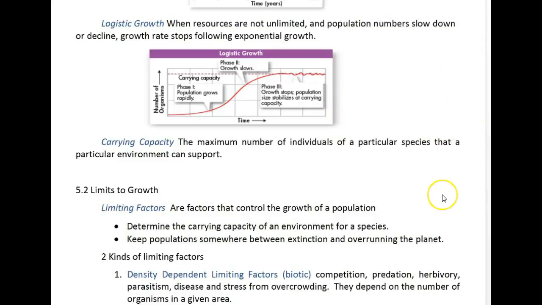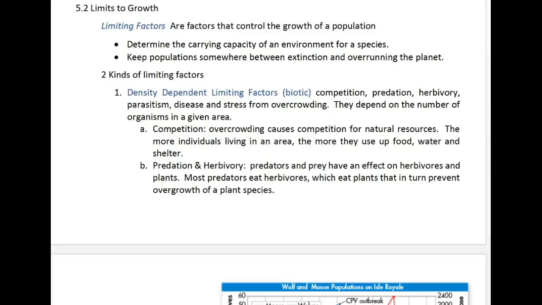So let's take a look at the things that actually limit or can impact the growth of a population. Okay, so this brings us to section 5.2, limits to growth. You might remember we've been talking about limiting nutrients, and that's when we get a nutrient that affects the productivity of an organism.